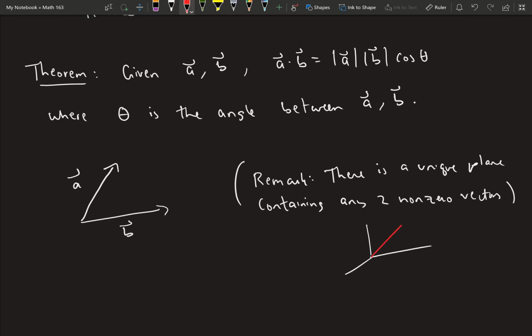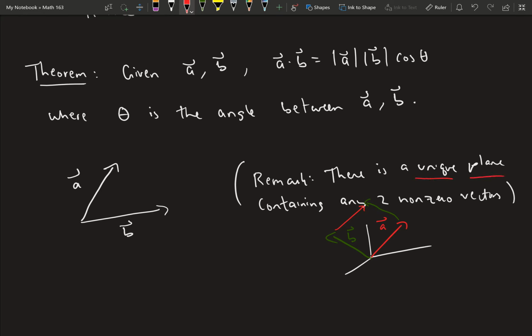Here's A, and here's B somewhere sitting over here. If you think of completing the parallelogram with these two vectors, that parallelogram can extend to that unique plane.